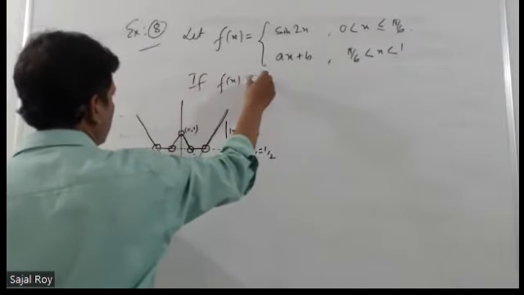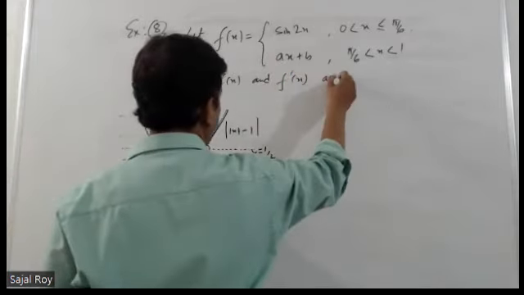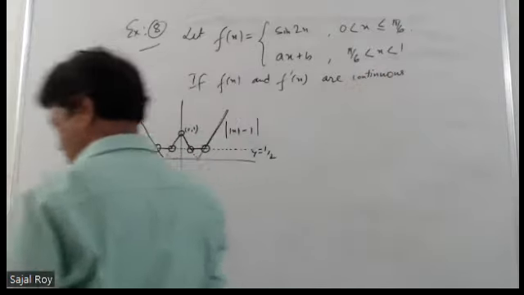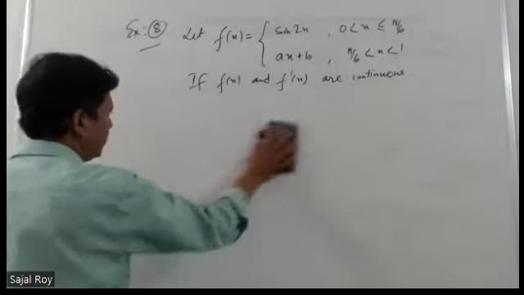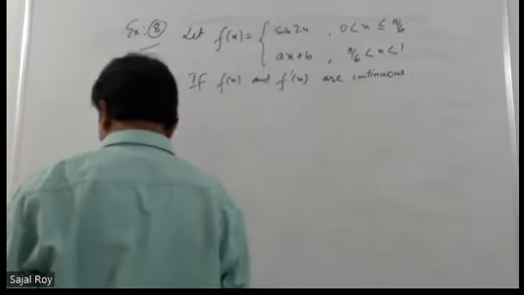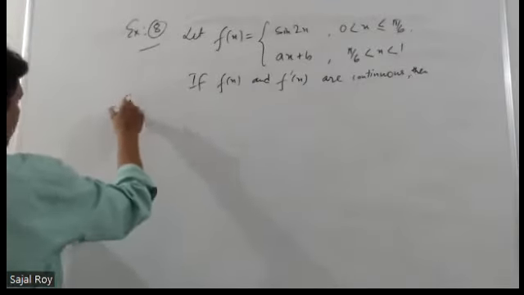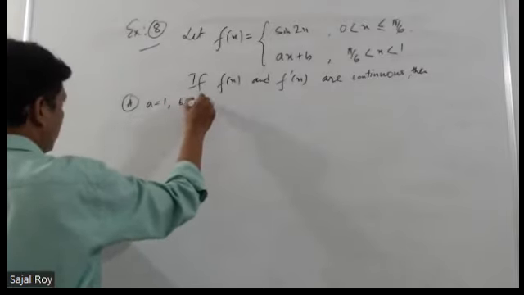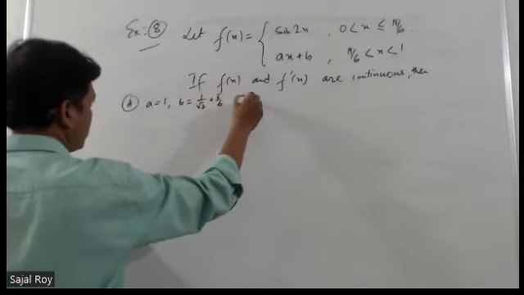If f(x) and f prime x are continuous, a little bit different language you have. f(x) is continuous, that we know, but if f prime x is also continuous, then option A: a equal to 1, b equal to 1/√2 plus pi/6.